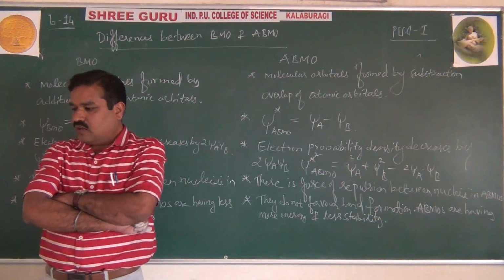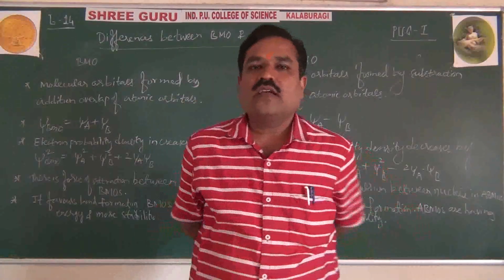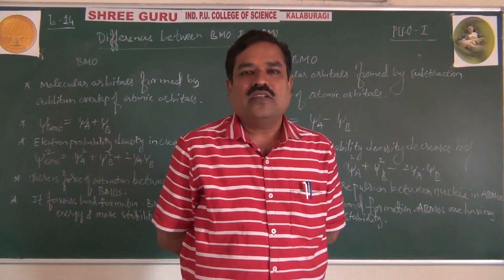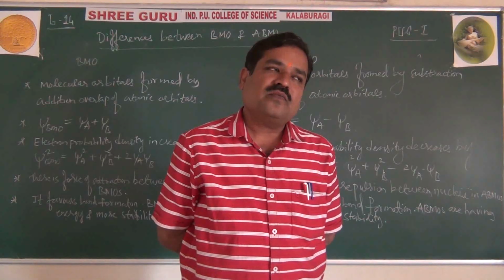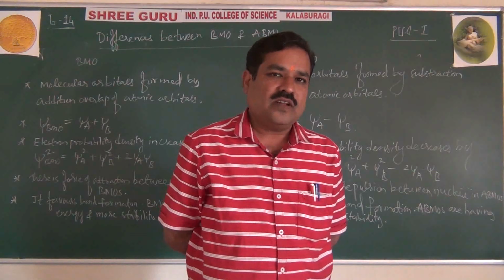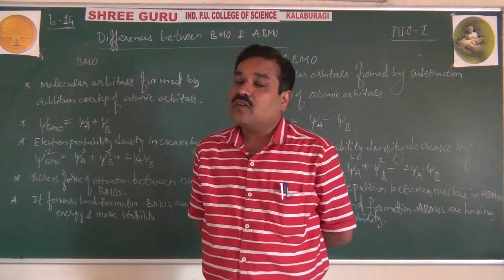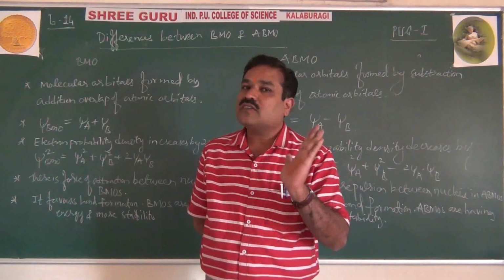Okay, students. After this, we will now study the shapes of molecular orbitals. What are the different molecular orbitals? Then I will show you the rules for filling molecular orbitals and the conditions for overlapping of atomic orbitals to form molecular orbitals. That will help you very easily in tomorrow's class.